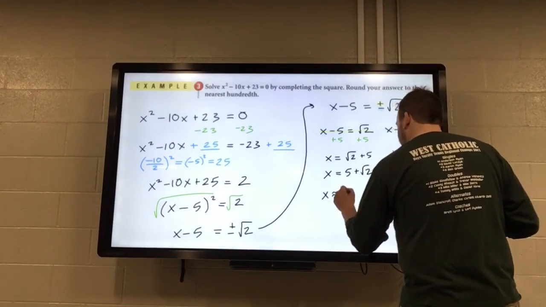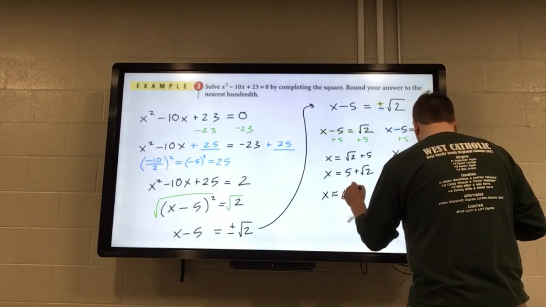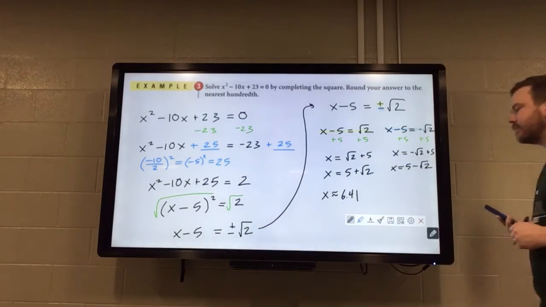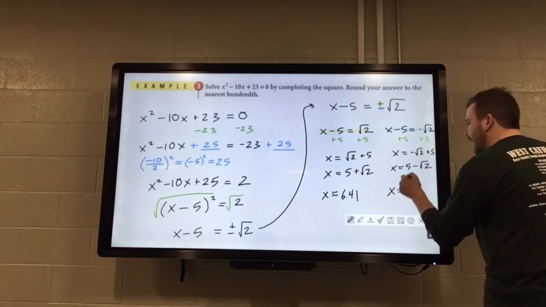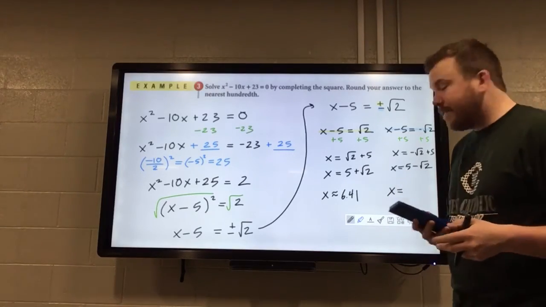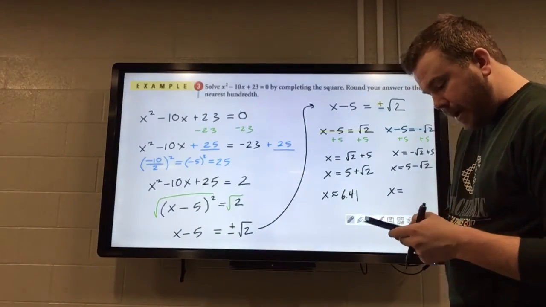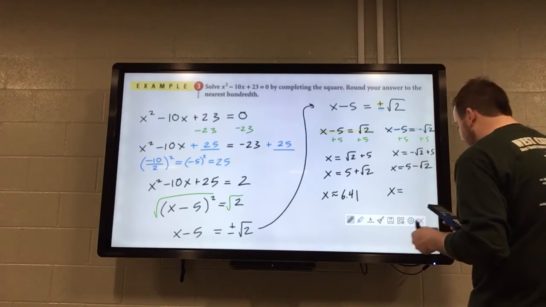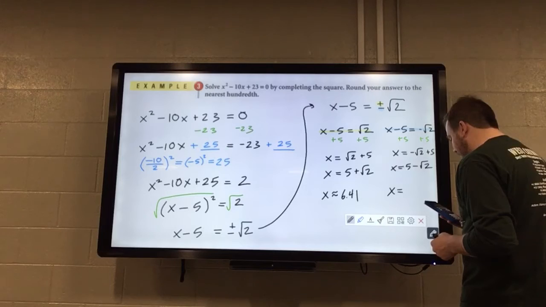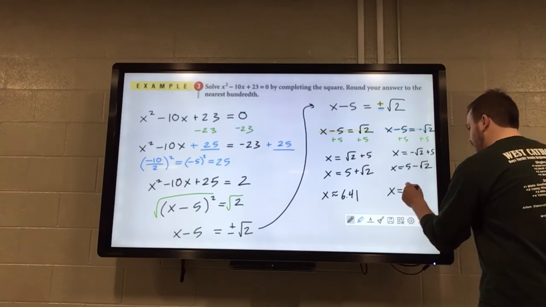How about we round that to 6.41? And then over here, we do the same thing, but now it's 5 minus the square root of 2. So 5 minus root 2. I get 3.5857866438. Let's go 3.59.